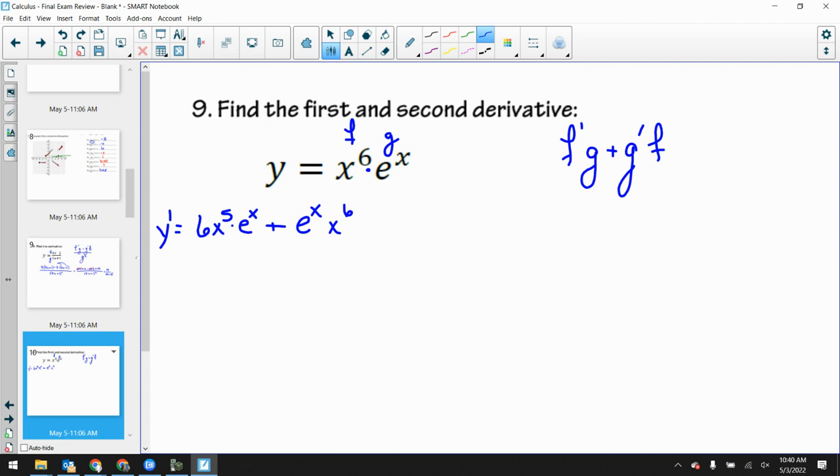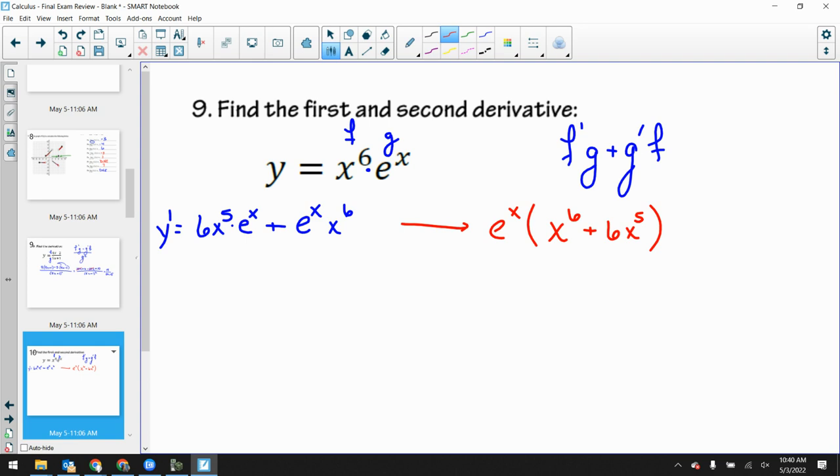I'm going to show this two different ways. The other way to write that would be if you factored out the e to the x. I remember doing this back in chapter 3. We did it this way. And I'll write this in standard form. I'll write the x to the 6th first, and then the 6x to the 5th. And do you see how I just factored out that e to the x?